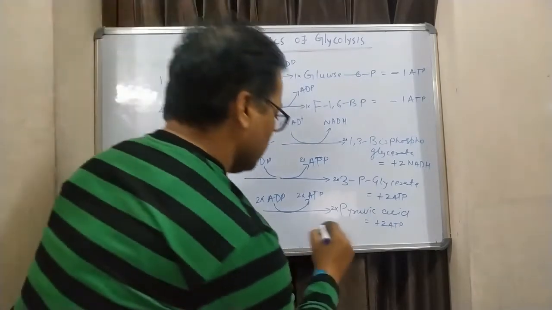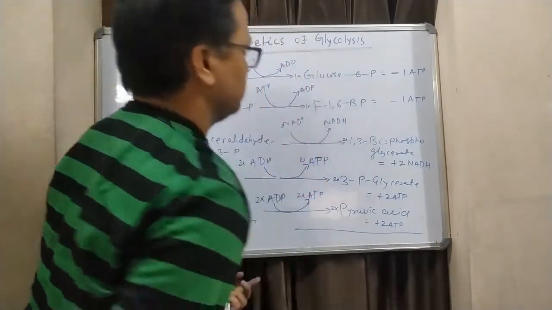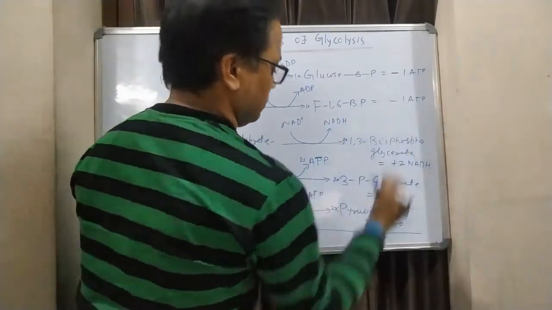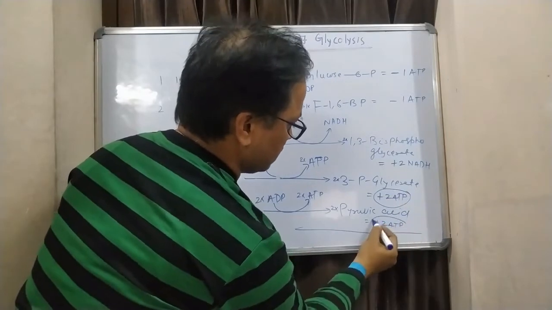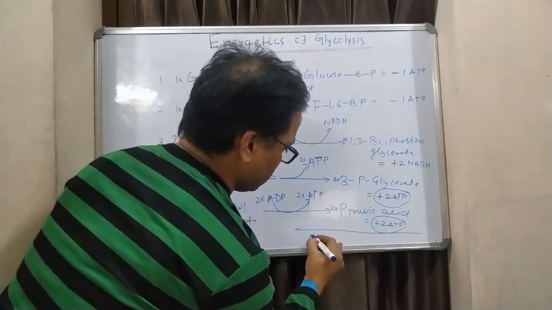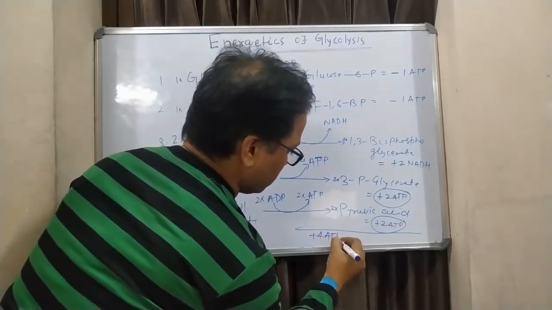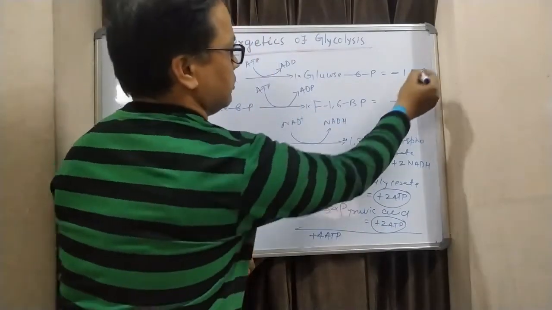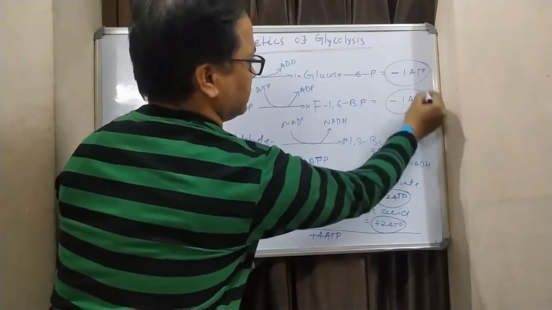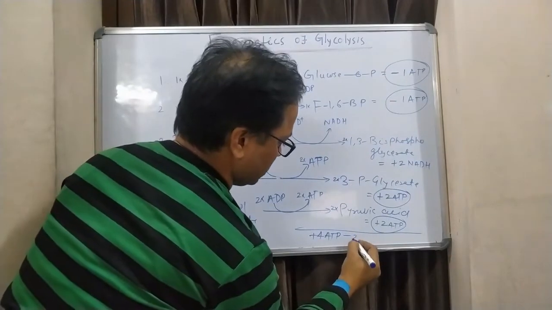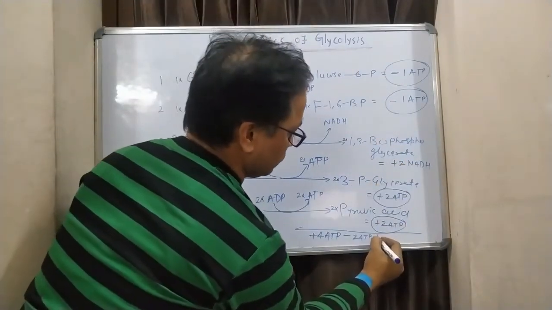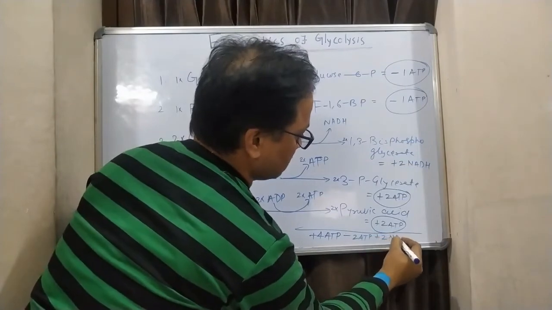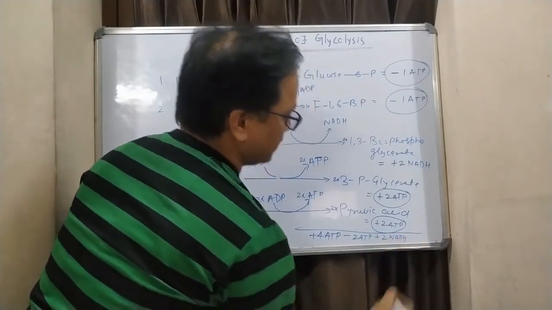Now overall, we have got 2 molecules of ATP and 2 molecules of ATP, so a total of 4 ATP gained, and 2 ATP utilized, so minus 2 ATP, and we have got 2 molecules of NADH.